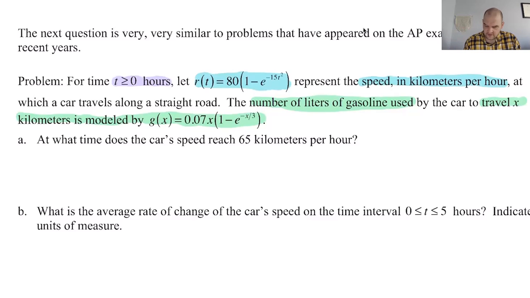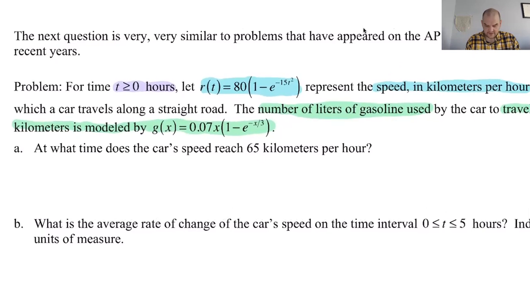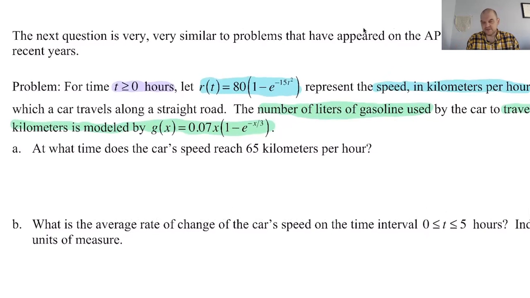We know that r of t is speed, and we want to know at what time r of t equals 65. So we're just going to solve r of t equals 65. I'm going to do that on the calculator, and this will give me a t value, probably approximate. I'm going to wait and do that after I've read through the problem. So we'll go to the calculator in a minute.